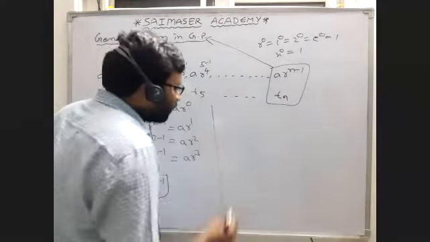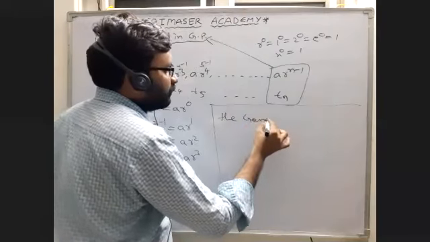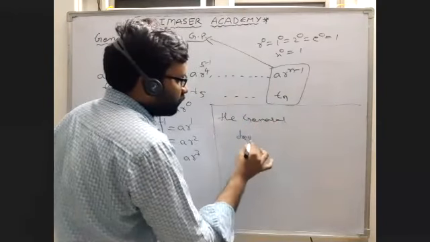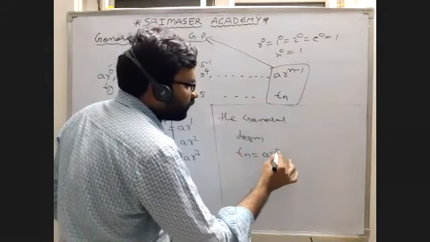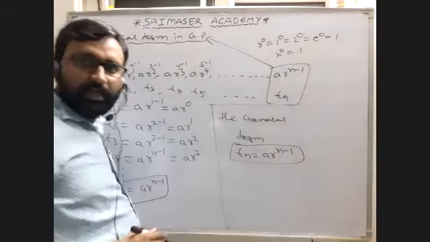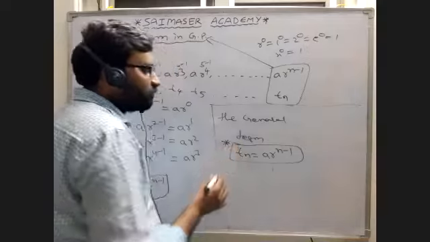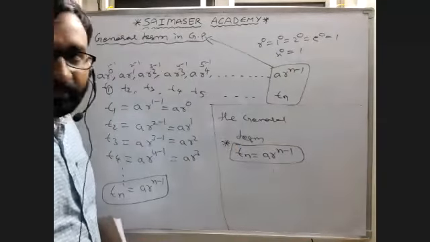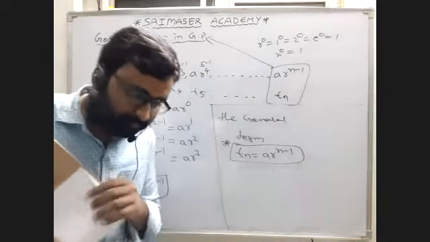This is what we can say is the general term: Tn is equal to A R power n minus 1. Very, very important in GP. What is the nth term in GP? What is the nth term? Jibin?